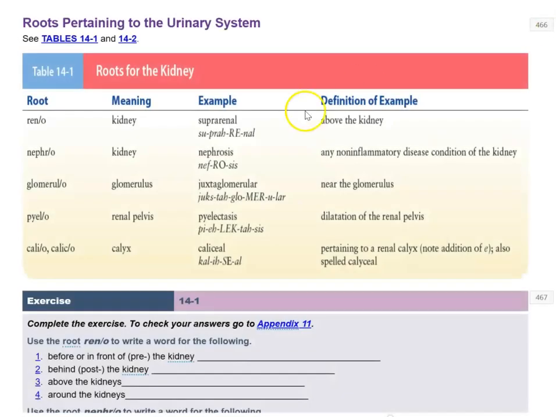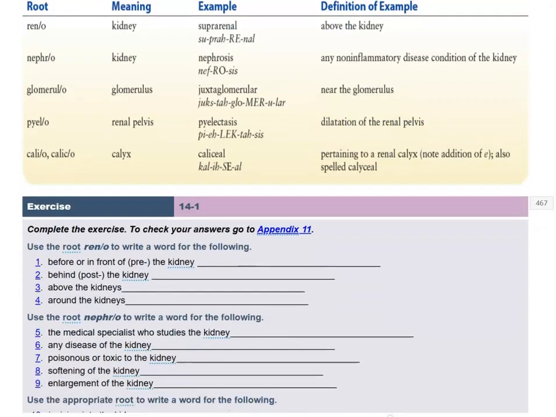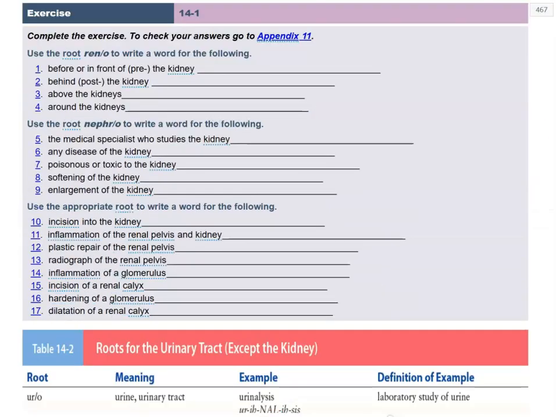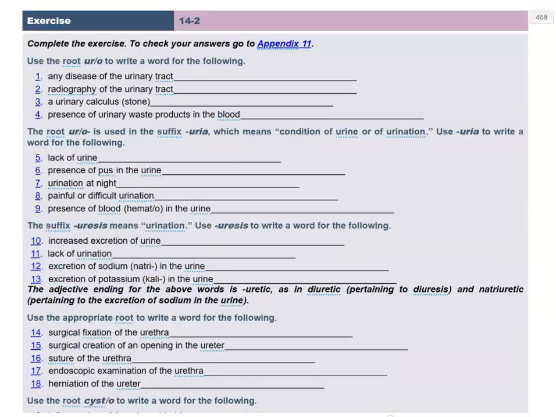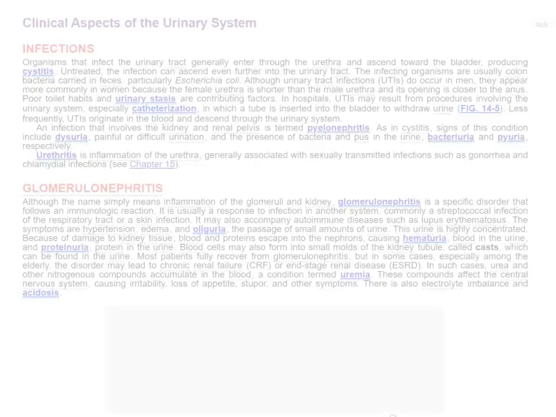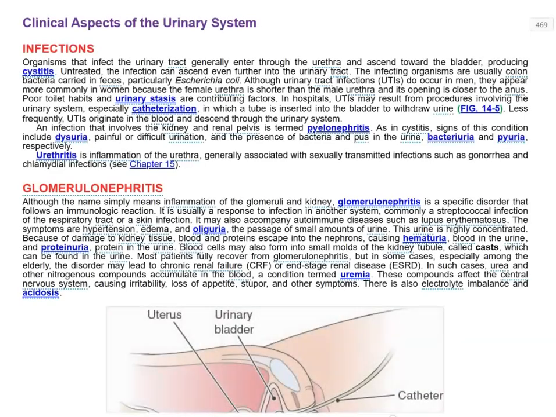Root words: reno, nephro, glomerulo, pyelo, like renal pelvis, pyelectasis, calico. Exercises, more root words. Let me see what this next page brings. We have to talk about the clinical aspects of the urinary system.